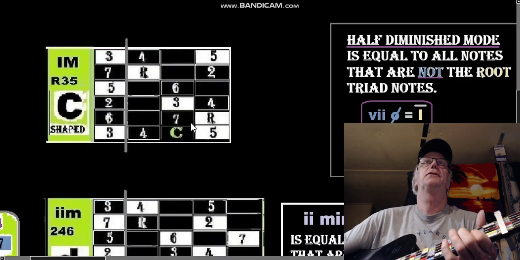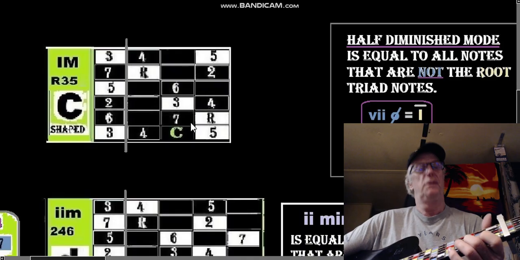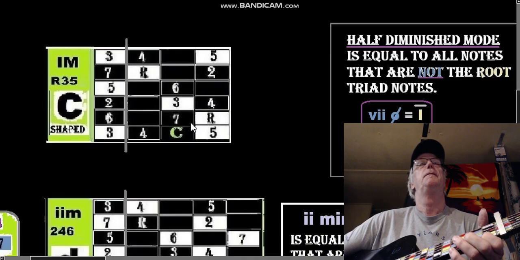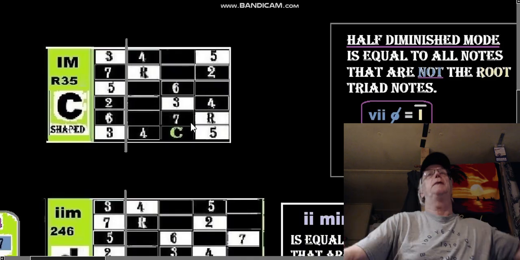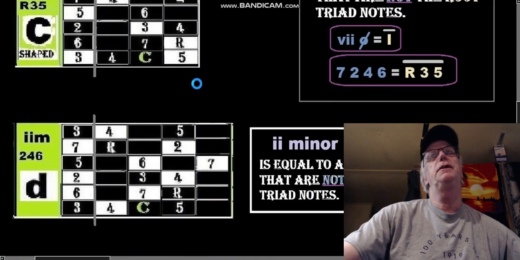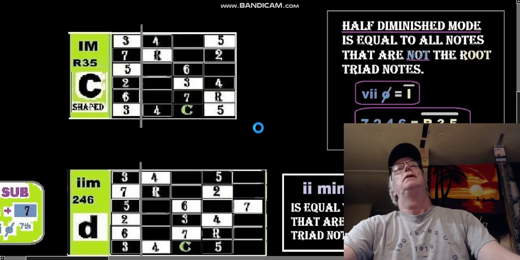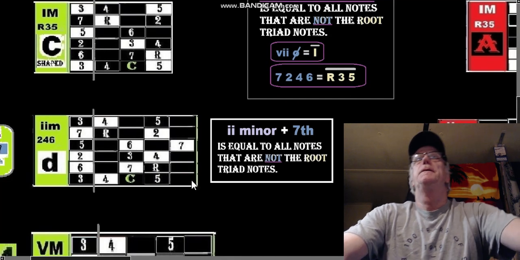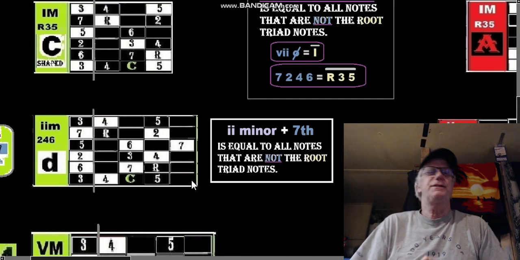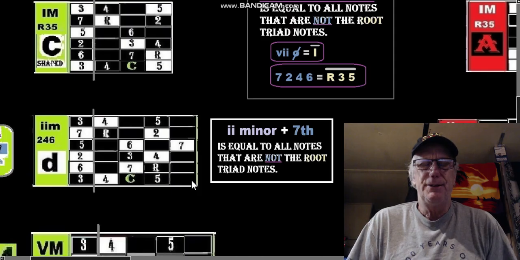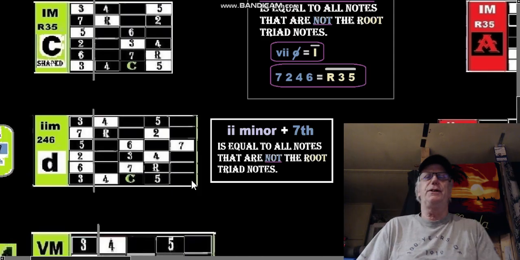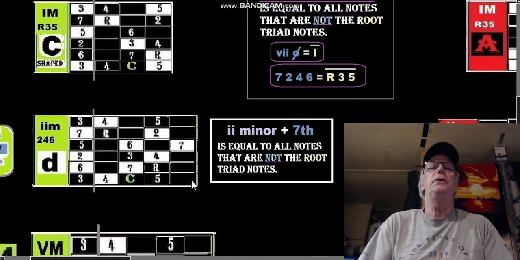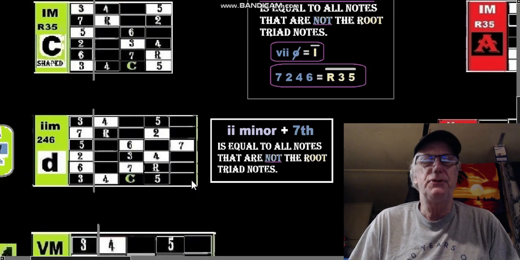Here's your 6, 7, 2, and 4. So we're ending up with the same shape. Let's look at another method and see how we come up with the same shape. No matter what somebody says to you, do this, do that, do the other thing, it's going to land on the same shape.